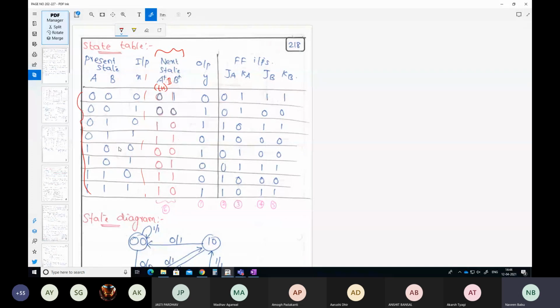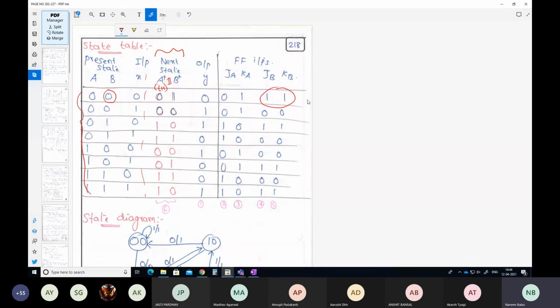Otherwise, what is the ideal procedure? Go to the characteristic table, compare your present state of B with JB, KB, right? If it is 1 1, then since your present state is 0, there should be a toggle.